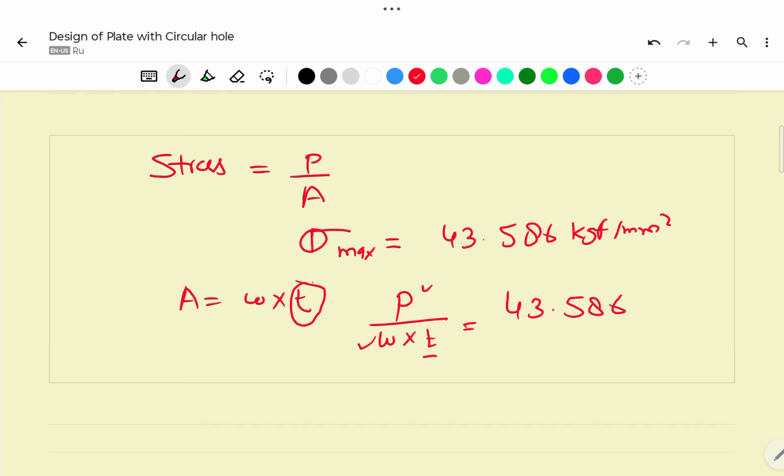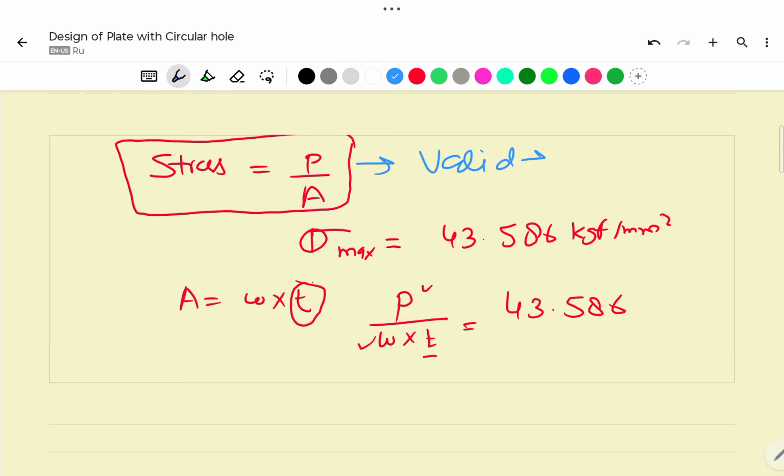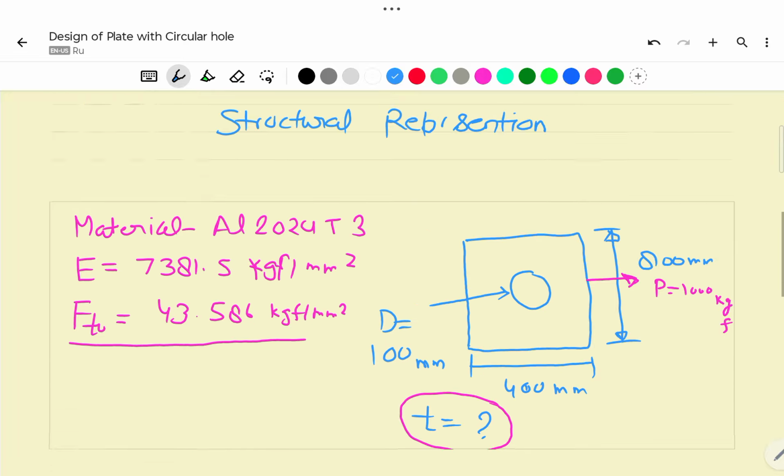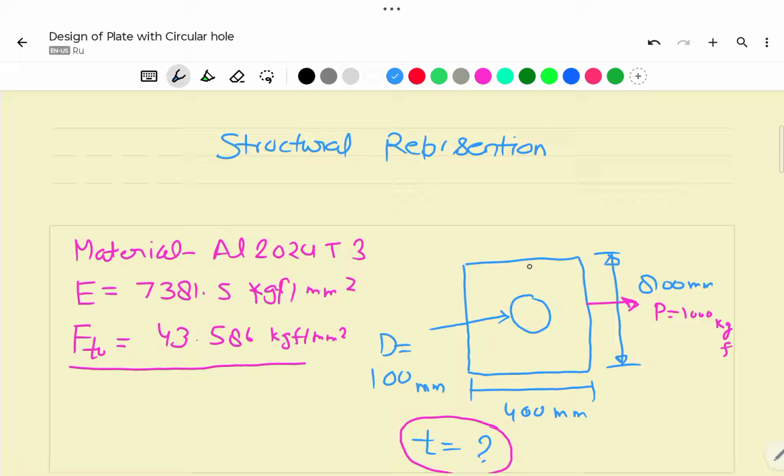But there is a problem: this stress formula P by A is valid only when the cross section is uniform. In our case, the cross section is not uniform. Up to here it is uniform, and from here to here it is uniform.